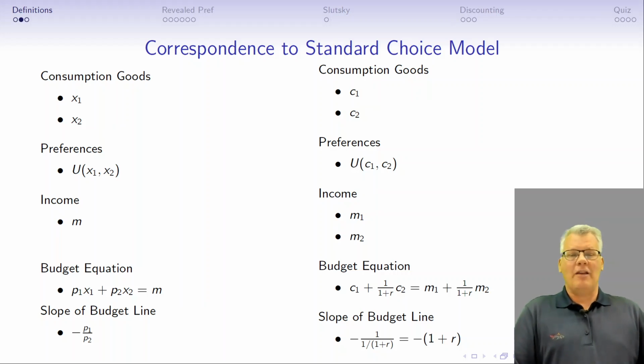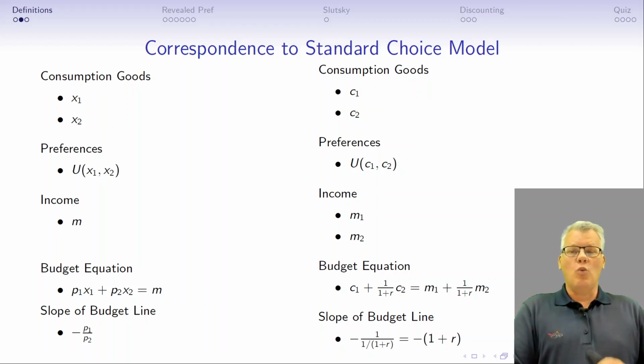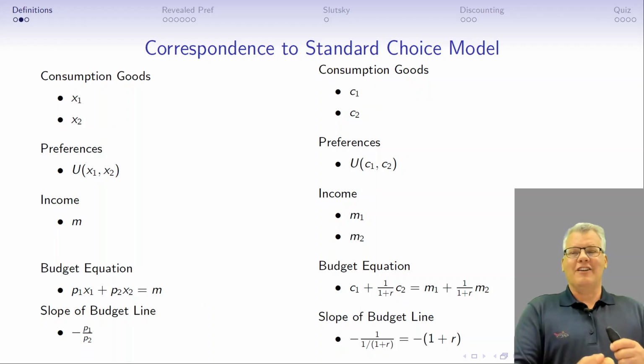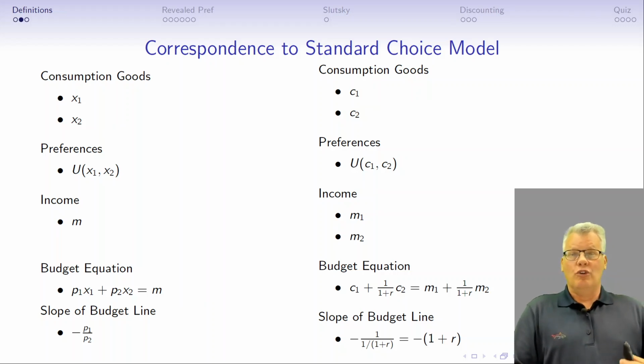So relative to time period 1, the price of consuming $1 in time period 1 is 1. So there's the implicit 1 for the price of consumption in the first time period. The time period 1 price of consuming $1 in time period 2 is 1 over 1 plus r, which you'll find in, I believe, the next slide, is the discount rate.